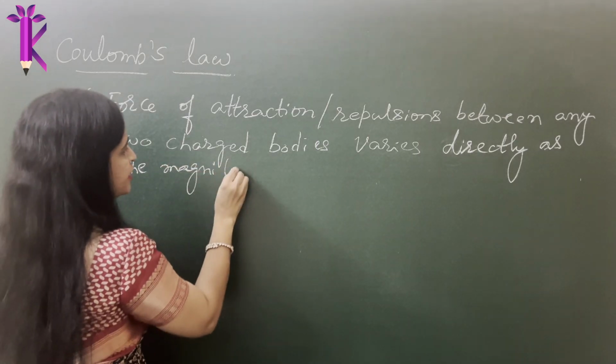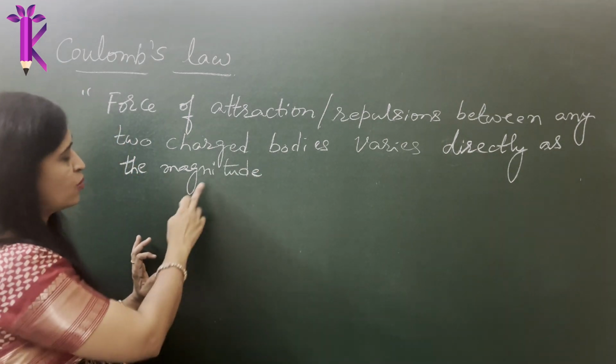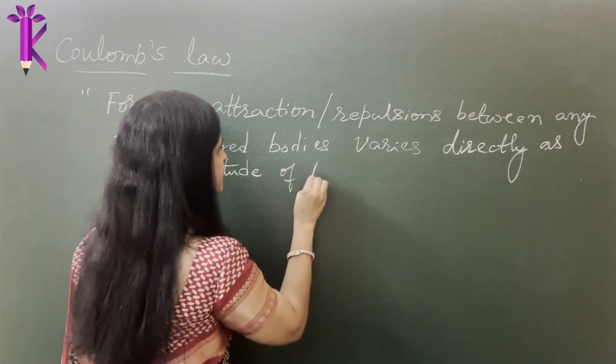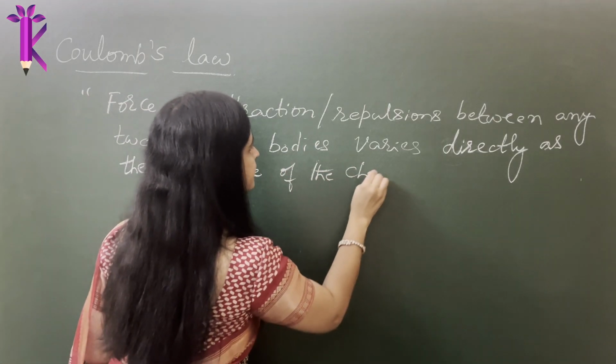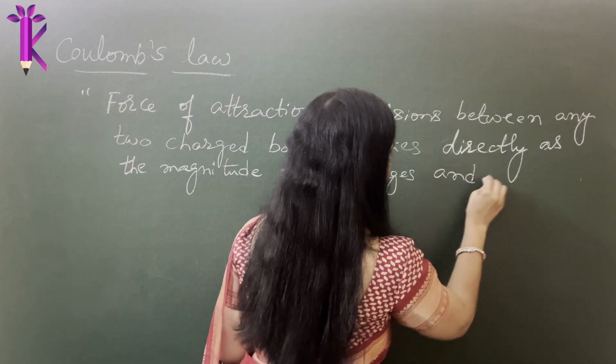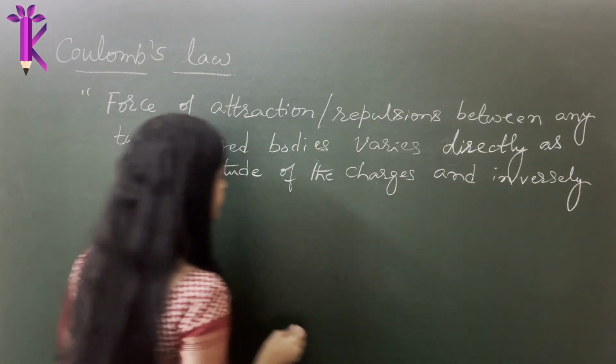Why do I say magnitude? Because charges do not have direction. Charges are scalar quantities, so I say that it is the product of the magnitude of the charges, and inversely as the square of the distance between them.